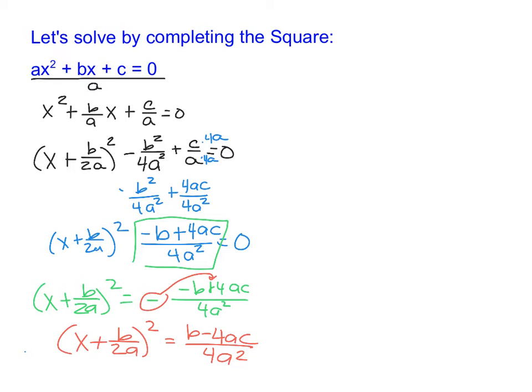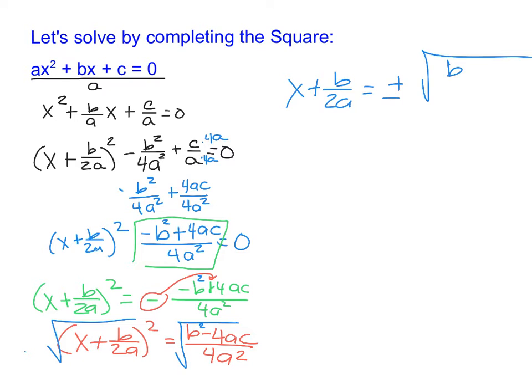And then we take the square root of both sides. I did something wrong. Oh, it was b squared. I dropped the square with the b. I was like, something's missing. There's a square there. Okay. So then we have x plus b over 2a equals plus or minus the square root of b squared minus 4ac all over 4a squared.